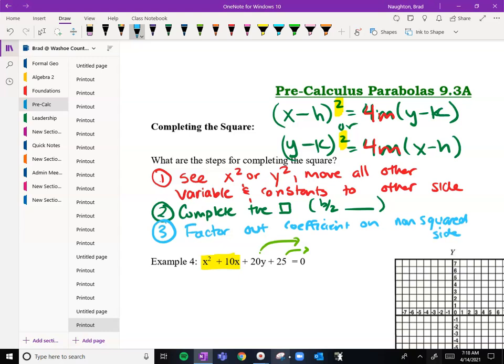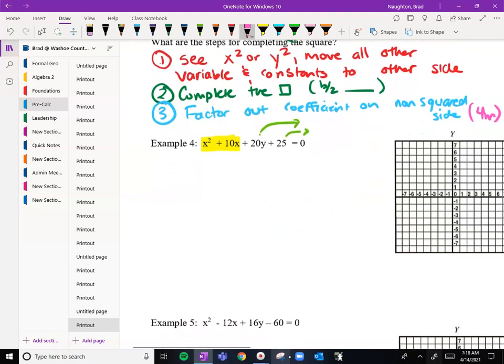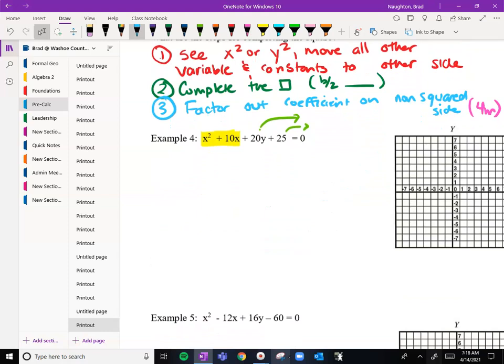So after we complete the square, notice this is step 3. We're going to factor out the coefficient, and that's going to give us our 4m. So basically, this step gives us the 4m part.